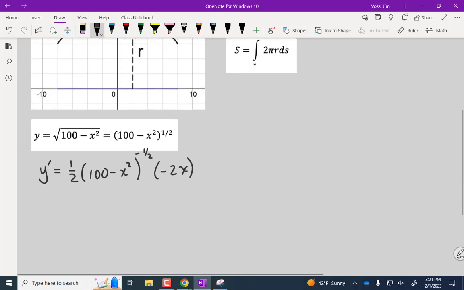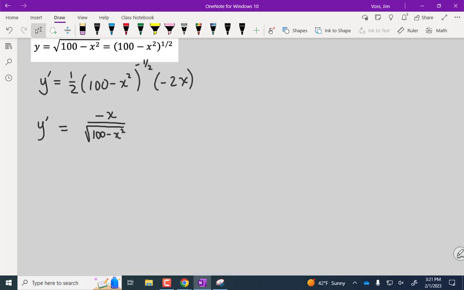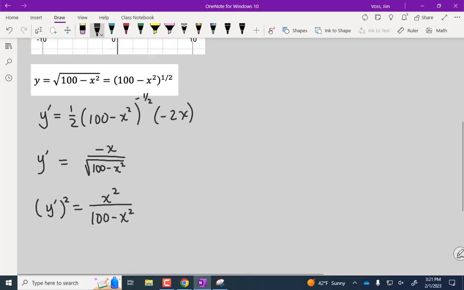A little bit of simplification here. We can write y prime as negative x over the square root of 100 minus x squared. 2's cancel. A negative 1/2 power is a square root down below. And then we can take the square of this, and that will be x squared over 100 minus x squared. So there is y prime squared.